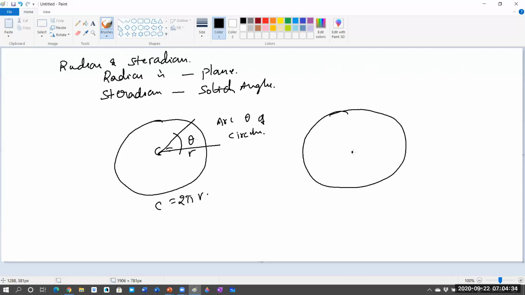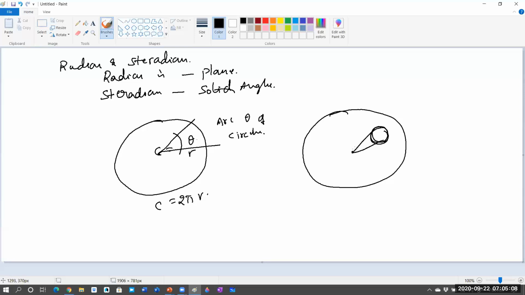Suppose we want to measure only this area that is subtended by this arc, which is spherical in shape and equivalent to a square with each side equal to the radius r.